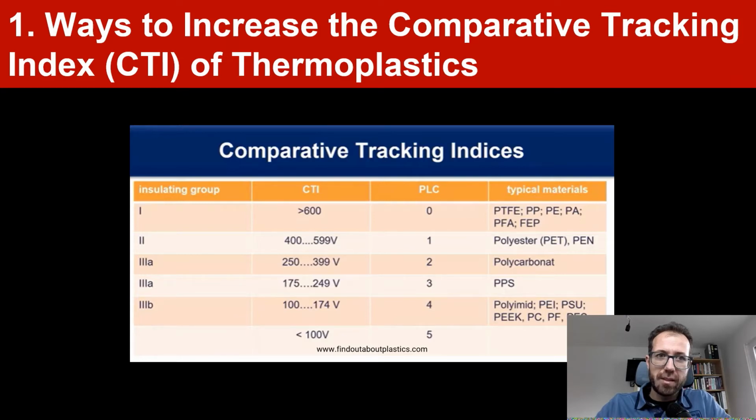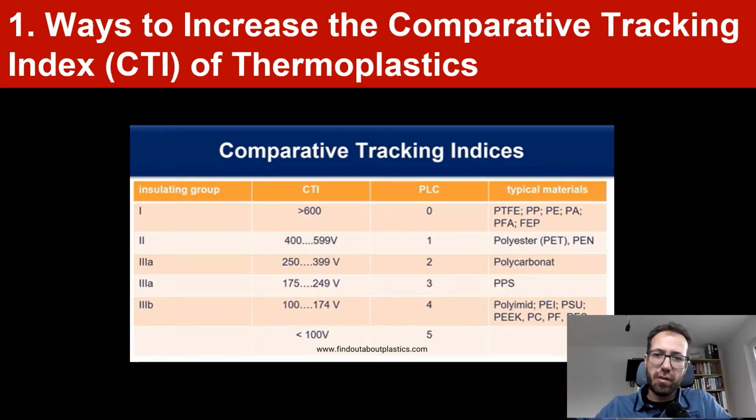Okay, let us start with the first question, and it was what are the ways to increase comparative tracking index, CTI, of thermoplastics. So in general, there are polymers which are more likely to form a conducting carbonized path compared to other polymers.